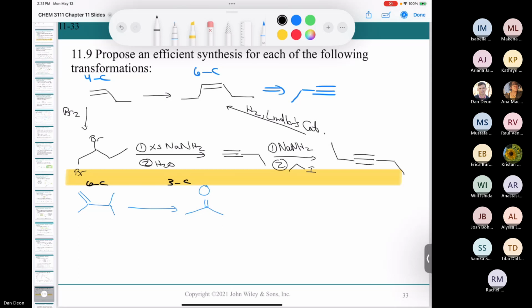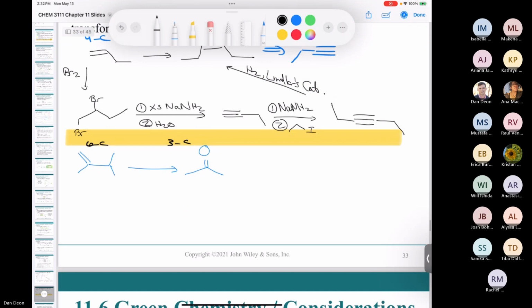No? All right, would I start out with a Markovnikov addition of HBr or anti-Markovnikov addition? Does anybody have an idea about that? No? Okay.